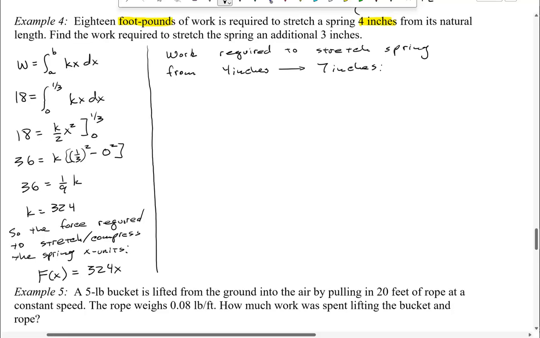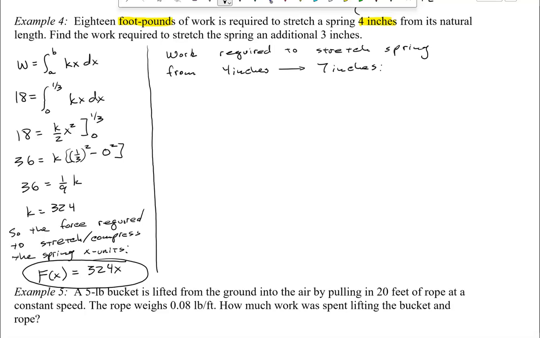And again, we have to think about changing our units to feet, because we got this function down here in terms of feet, right?